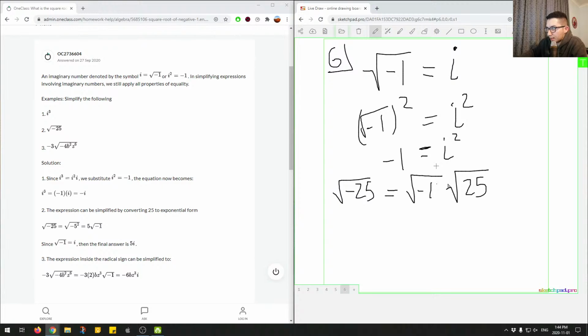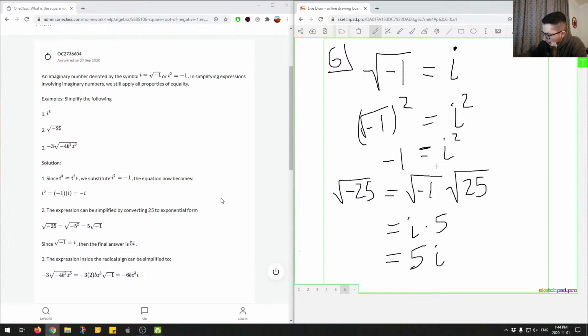We just separated out the negative, and the first is just i, as we described above. And we know the square root of 25 is 5, so times 5, and this is just 5i. Looking at the junior tutor's answer, they provide the correct answer, 5i.